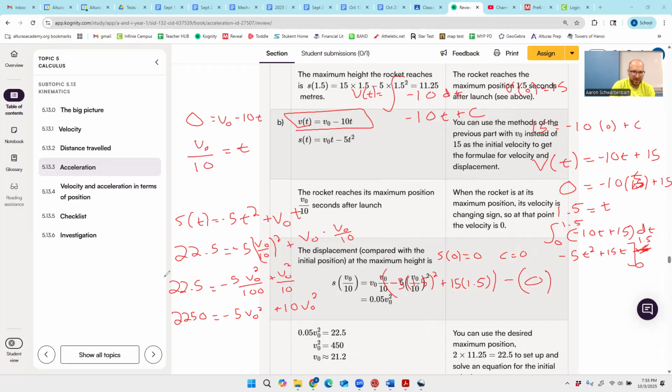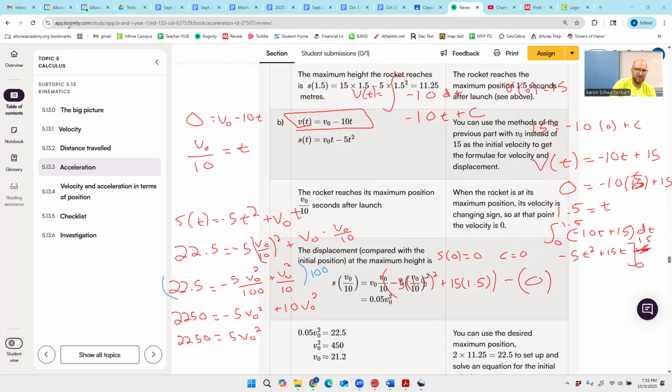Here I multiplied everything by 100. That clears both denominators, but it does make the second one 10 V0 squared. When I combine like terms on my right side now, I've got 5 V0 squared equals 2250.